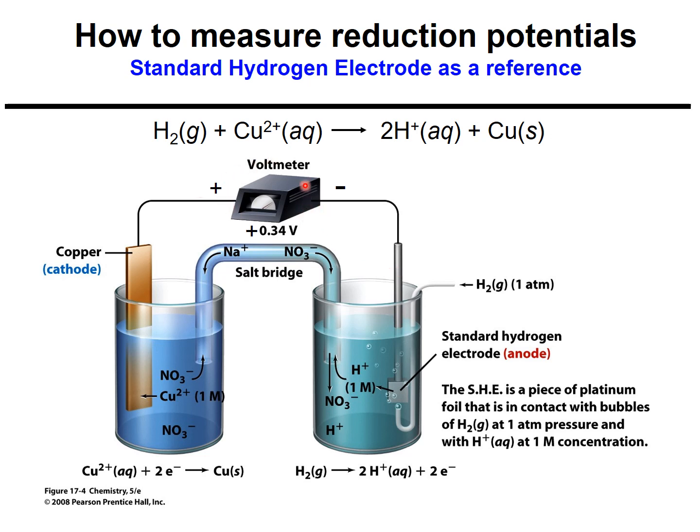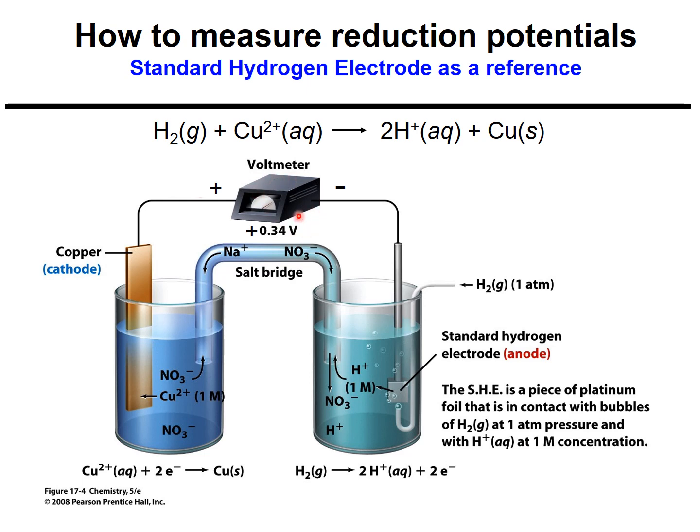Here is a voltmeter, and the plus pole of the voltmeter is connected to copper, and the negative pole is connected to the reference electrode. And then I can read plus 0.34 volt on the display of the voltmeter.